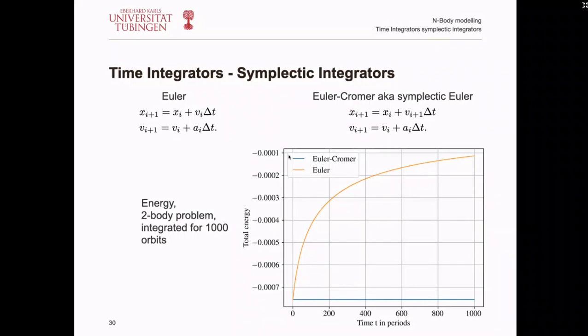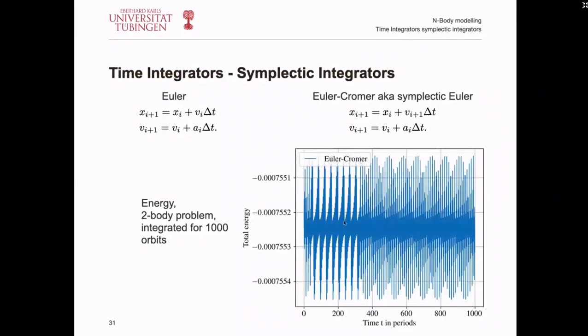So if you look here at the total energy over time and periods, then you see that in the standard Euler case, after 1,000 orbits, my energy is down to 10 to the minus 1. So in principle, this simulation is crappy. And I don't know if you can see this, the blue line here down below. This is what people would say is well conserved. And if you zoom in now, this is the Euler-Cromer integrator zoomed in.